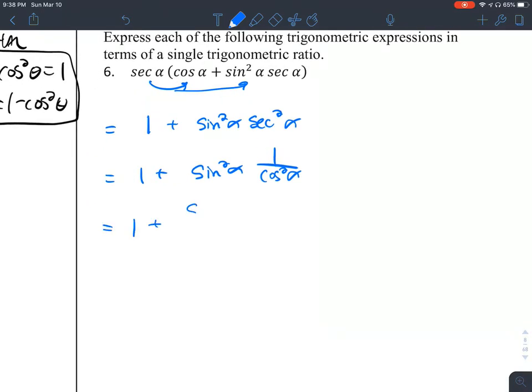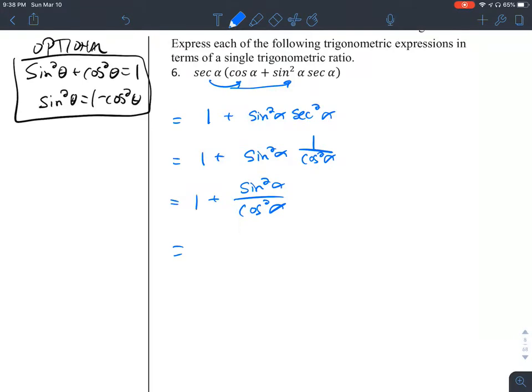This becomes 1 plus sine squared of alpha over cosine squared of alpha. Sine over cosine is tangent, therefore sine squared of alpha over cosine squared of alpha is tangent squared. Now this looks familiar. This is one of the Pythagorean identities. This is equal to secant squared.